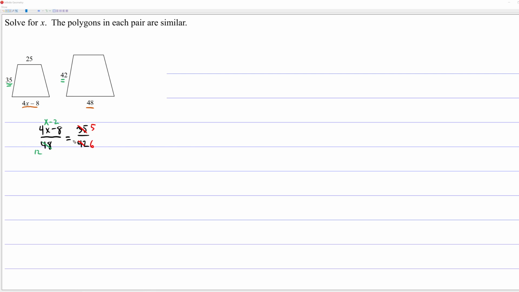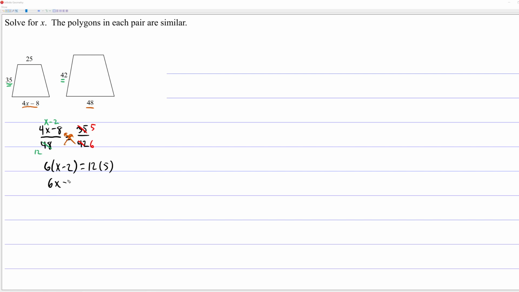At this point, you can cross multiply if you like. So we're going to have 6 multiplied by x minus 2 and 12 multiplied by 5. So on the left hand side, again, we have 6 multiplied by x minus 2, and then we have 12 multiplied by 5. So solve this equation, and that's all we have to do.